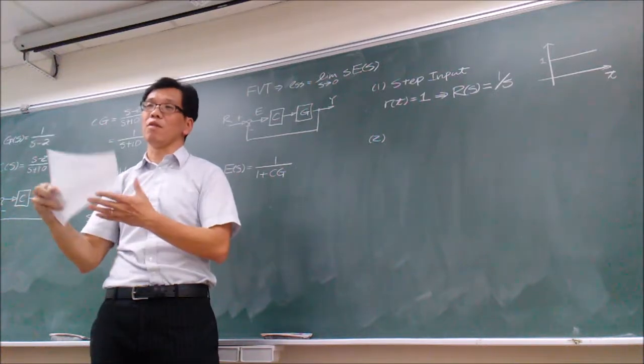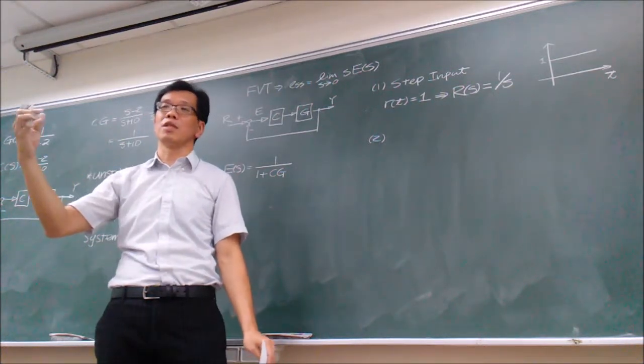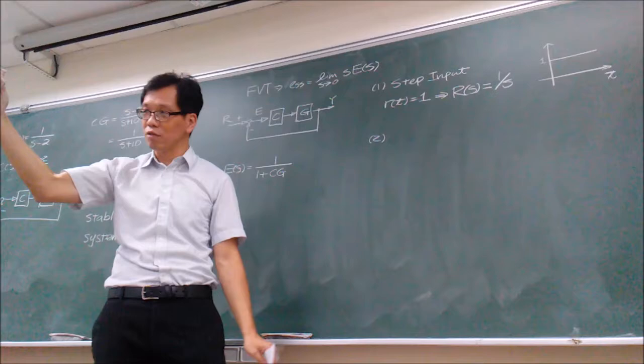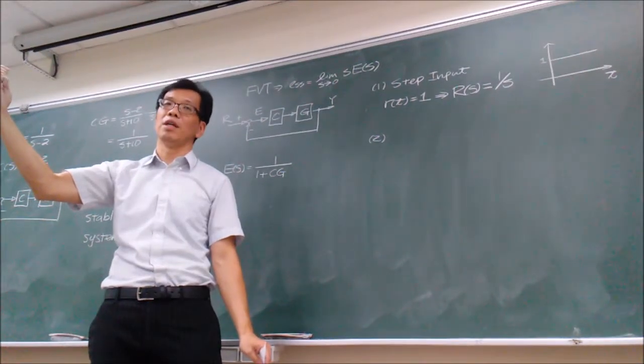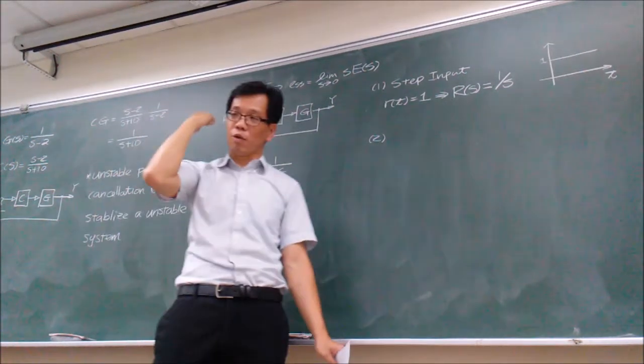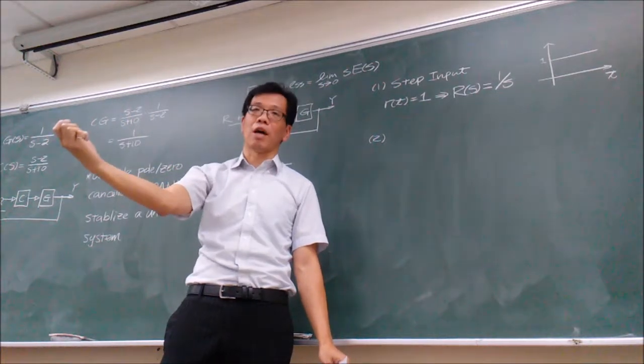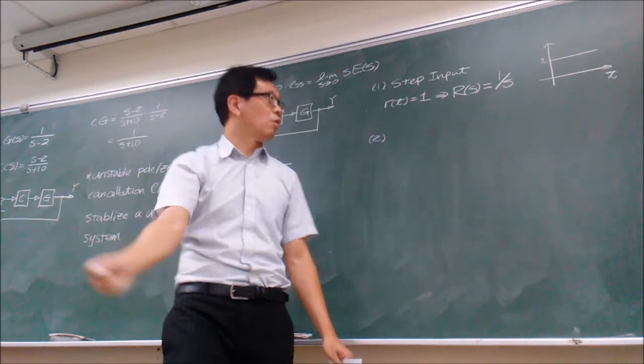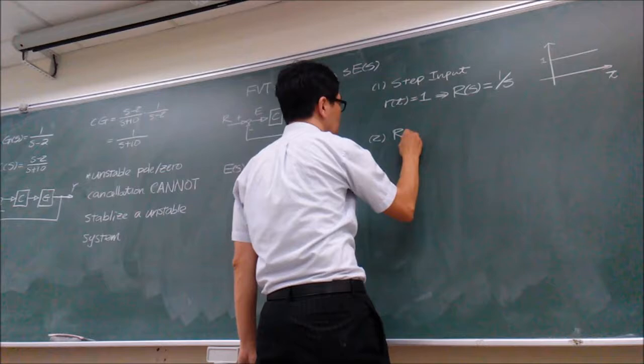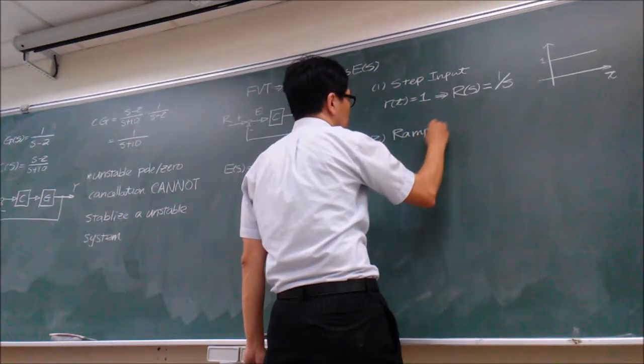You won't, because if you say I'm going to do a unit step input, it means that my robot can only rotate to this angle, then it stops. Right? You want this to gradually move at a constant speed. So we are having a ramp input.